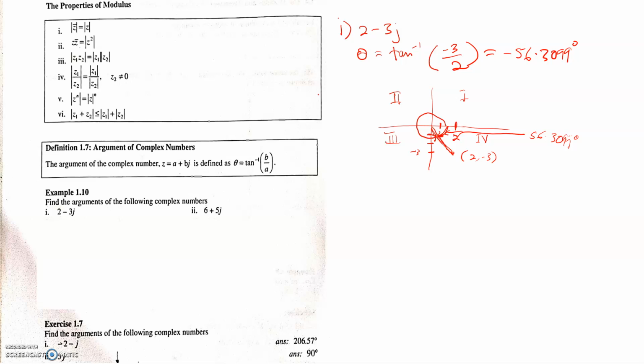By subtracting from 360, or for this case, because it's already in a negative form, by summing it to 360, which is the total degrees, and you'll get 303.69.